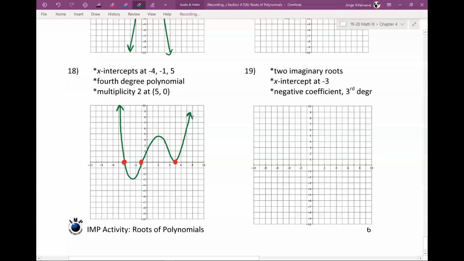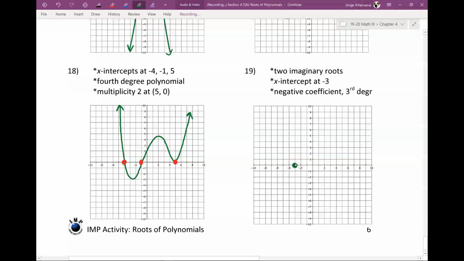Last one. 2 imaginary roots. That means there has to be a loop that either goes down and up or up and down, a change in direction that does not touch the x-axis. There has to be something like that, okay? That creates those imaginary roots. But they do tell us that it does have one intercept at -3, so I'll put that right there.